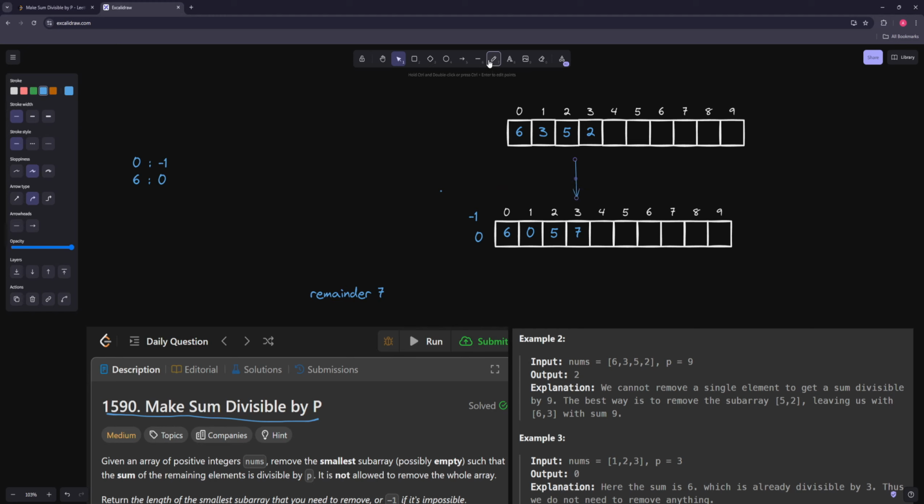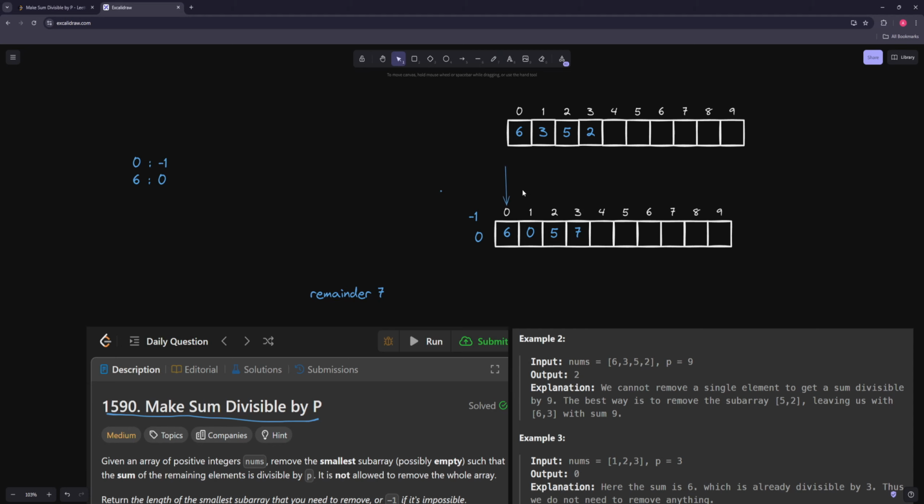So if remainder 0 occurs like here, here, and here, we're just going to always store the last one. So the tie always goes to the newest thing. And you want to think about whether you want the longest subarray, the shortest, or all of them. And then for those, you would have different things.